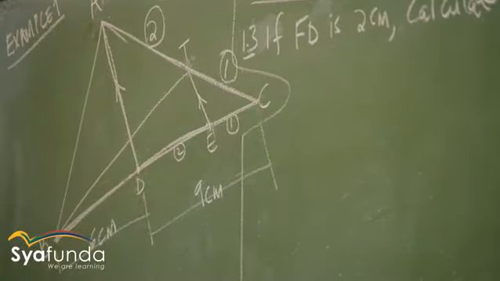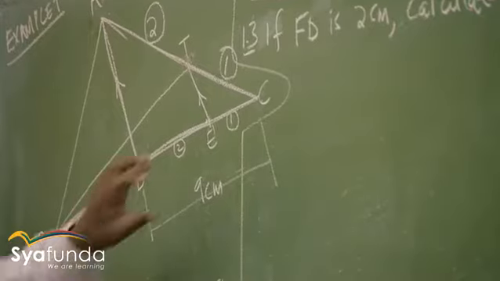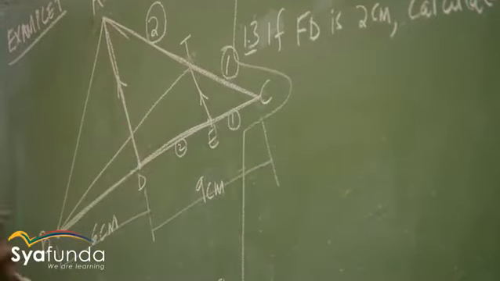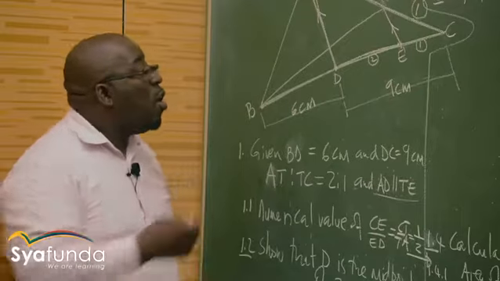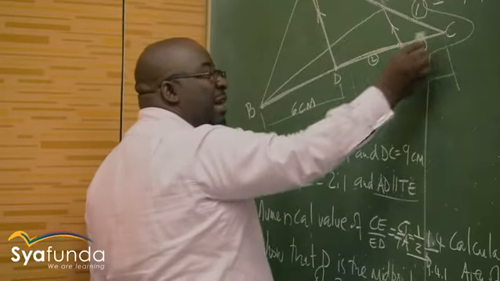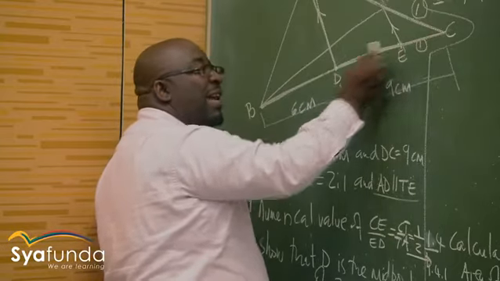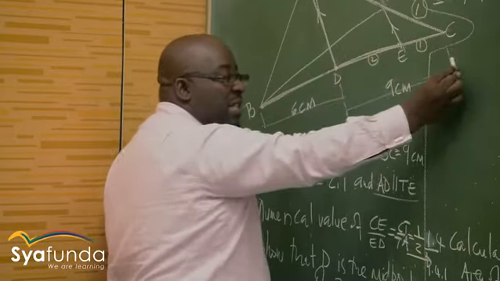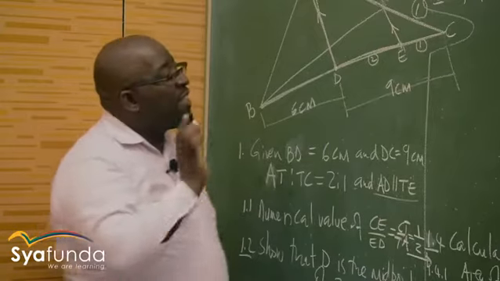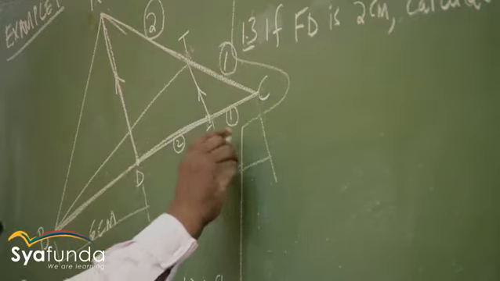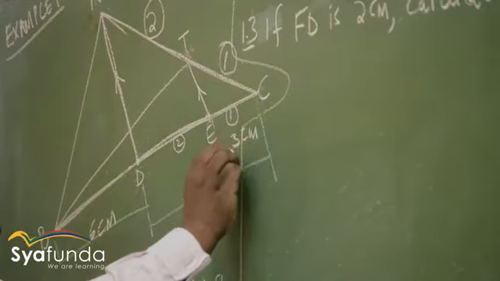So how can we divide such that we have 1 unit and 2 of it here, which gives 9 centimeters? Remember, this one must be double that one, but the total distance must be 9 centimeters. That simply tells us that EC is 3 centimeters, one part.